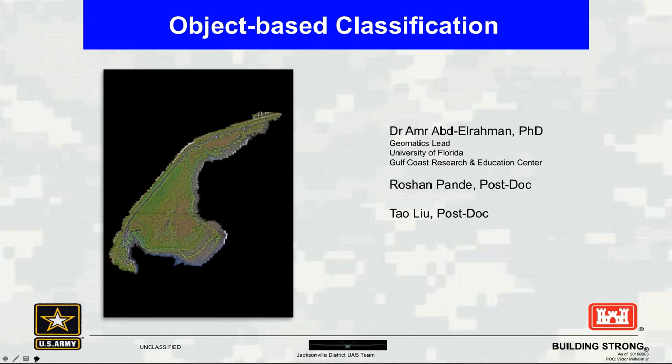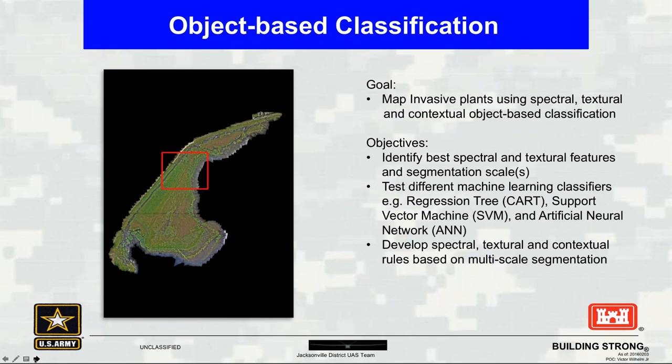So an object-based, excuse me, Chuck, can you go back to that previous slide? I'm sorry, I skipped right over it. So our goal is slide 44. Our goal was to map invasive plants using spectral textural classification. This is Dr. Almers and his team, and this is why we went to them: for them to tell us the best spectral and textural features and what segmentation scales we needed to use.